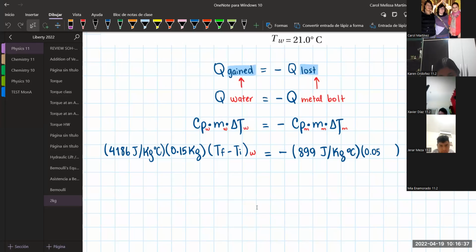And the change in temperature of the metal bolt, I don't know it, so I'm just going to write it here because this is the unknown.